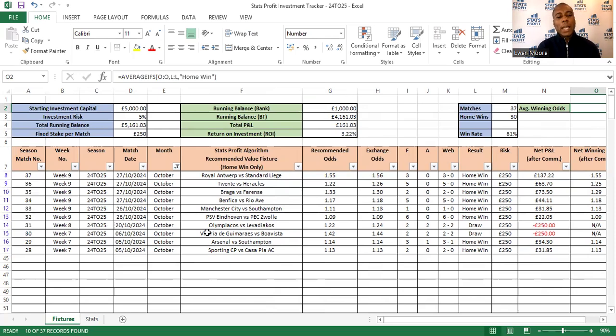We only care about the numbers, the financial or final result. So we're going into week 10 now with November. It'll be interesting to see how many matches we have in November, and again, we're hoping for a profit.